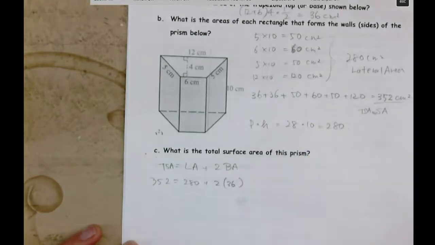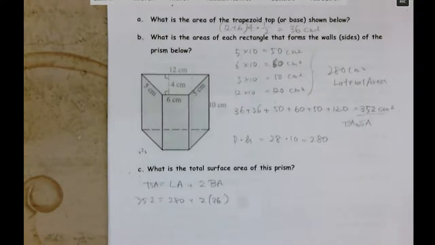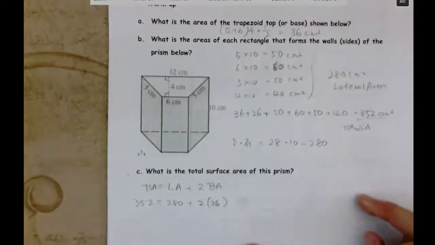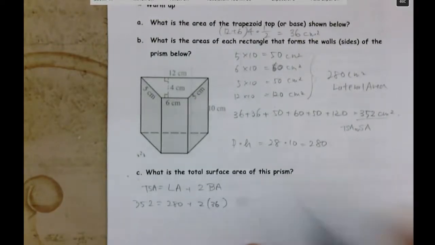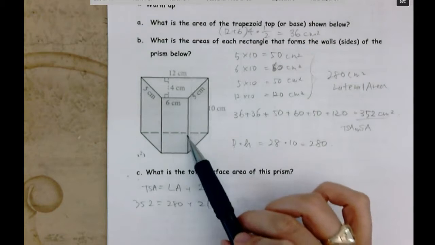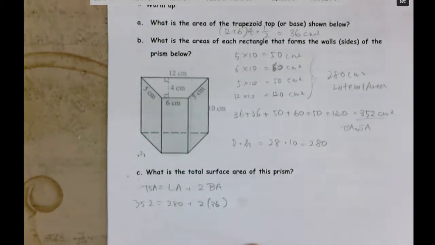That's the basic concept of the lateral area, and that's what's in this packet. But as you see, there's really nothing new. If I asked you to calculate the total surface area of this, you could have done it without learning anything new.